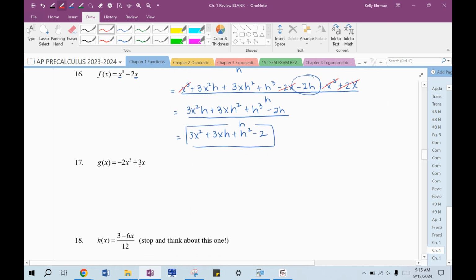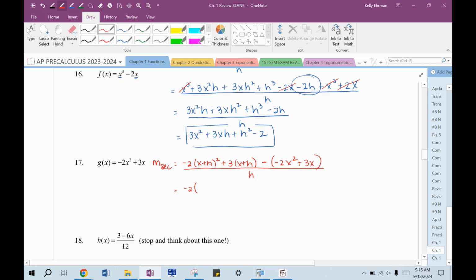Next longest would be if g of x is quadratic. So this is going to be g of x plus h. All right, so m secant equals negative 2 times x plus h squared plus 3 times x plus h. So that's putting x plus h in, minus all of g of x, minus this negative 2x squared plus 3x. The whole thing's over h.